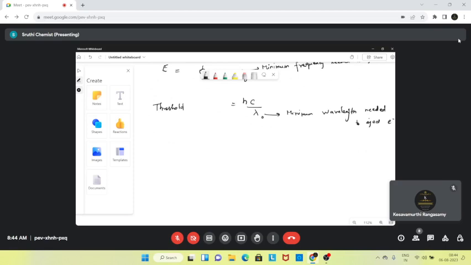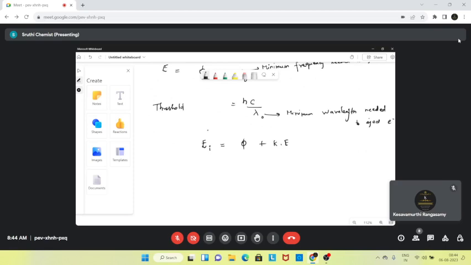Okay, so now we have found this formula. As I said, sodium needs 20 kilojoules. You are supplying 40 kilojoules, and the remaining 20 kilojoules will go to the kinetic energy of the ejected electron. Now we have one more formula, which is EI is equal to work function plus kinetic energy.